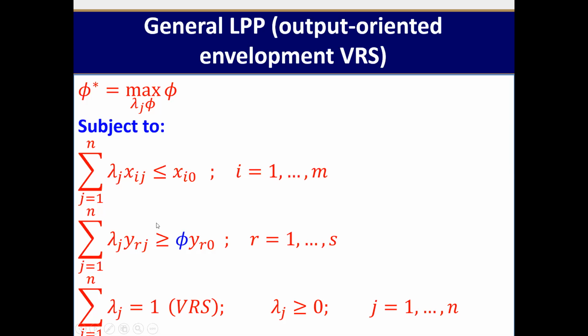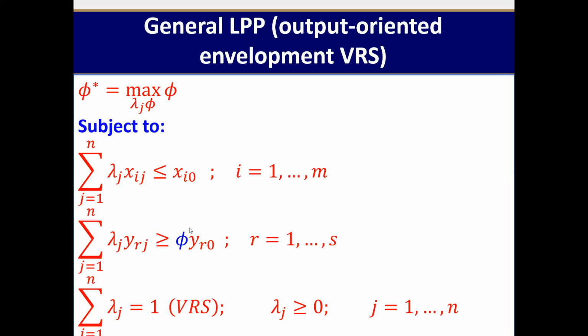It means that you are inefficient because somebody is producing more than you are producing. But if that hypothetical firm's output is equal to yours, that is when we say you are efficient.